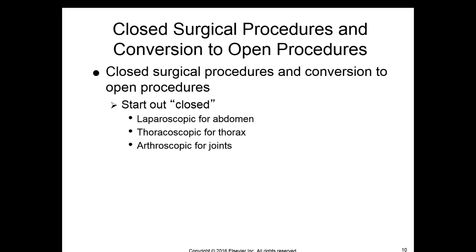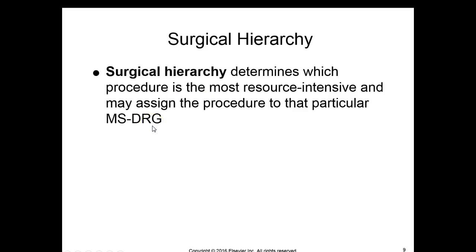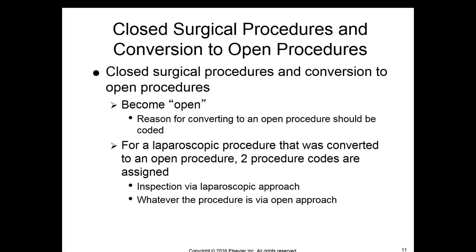There are times that a procedure may actually start off as a closed procedure and then be converted to open. And we actually will have two codes for those procedures. We code the fact that it started off as a closed procedure.